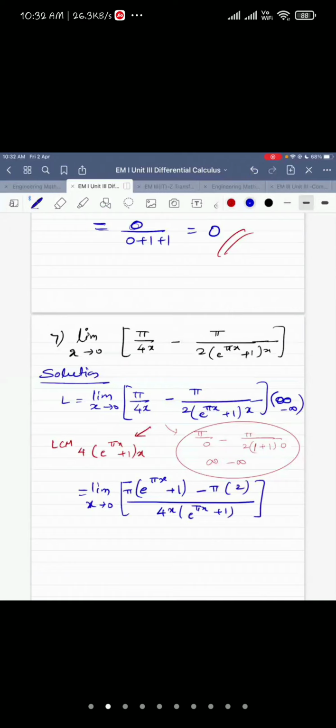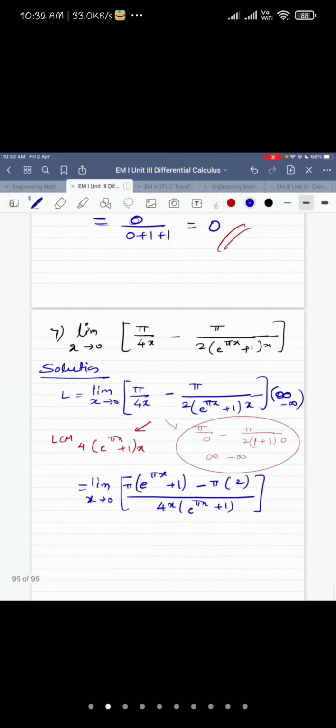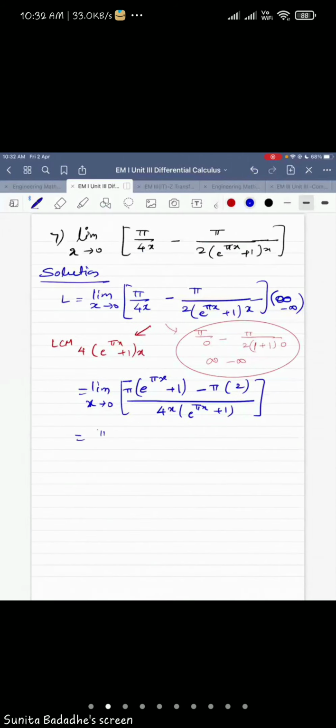I hope it is clear to all, right? Otherwise, you can directly cross multiply, no problem, but then an extra x will be there and you will have to cancel it. Now this pi is coming common, 4 is coming common. Let me take it outside. And then I have limit x extending to 0, e raised to pi x plus 1 minus 2 upon 4 taken common, e raised to pi x.